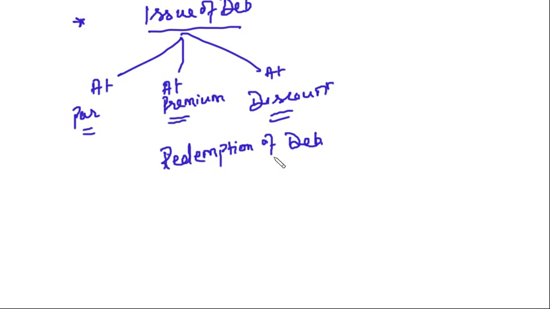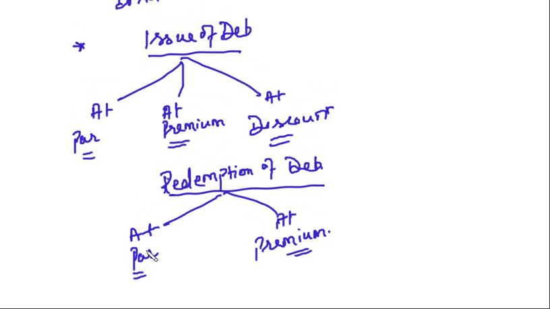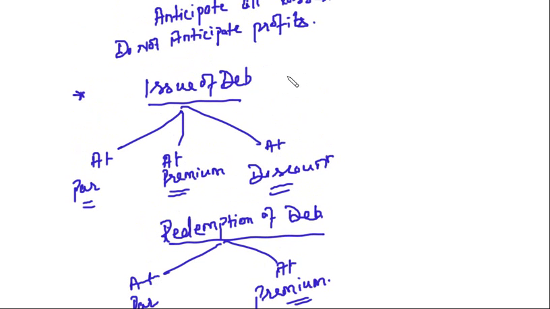Redemption of debentures can be of only two types, that is either at par or at premium. Now, at the time of issue of debentures, you receive money, and at the time of redemption of debentures, you have to pay money to the debenture holders.